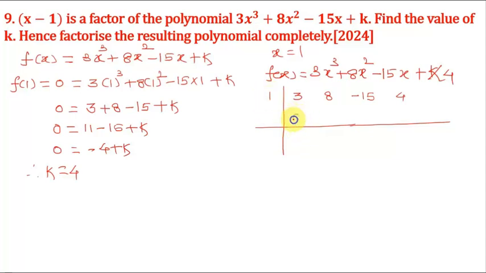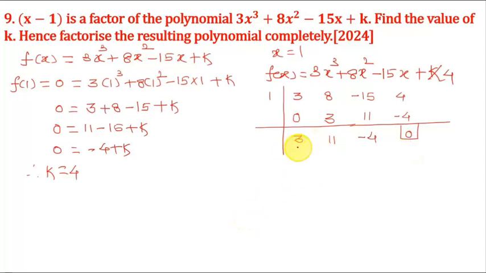First write 0 here. This is horizontal line, vertical line. Coefficients of x, they are 1. Okay. Now 3 plus 0 is 3. 1 into 3 is 3. Next is 11. 11 into 1 is 11. Minus 4 into 1 is minus 4, and overall we will have here 0.